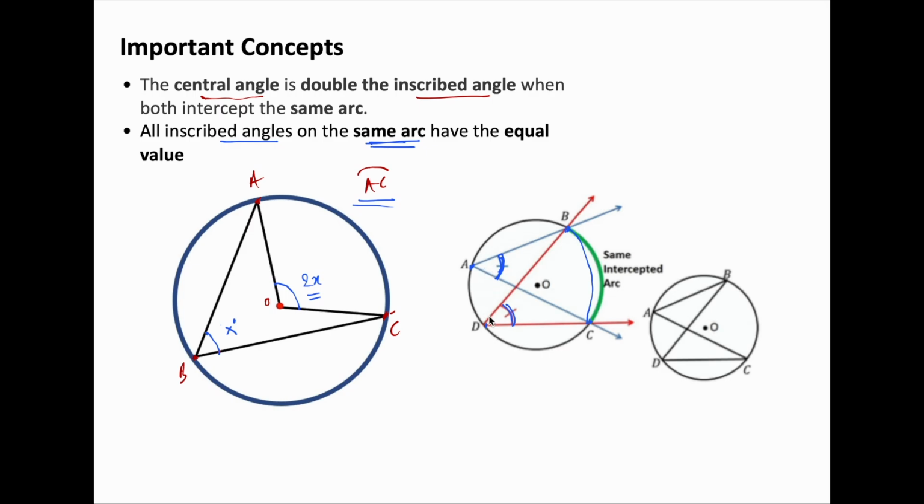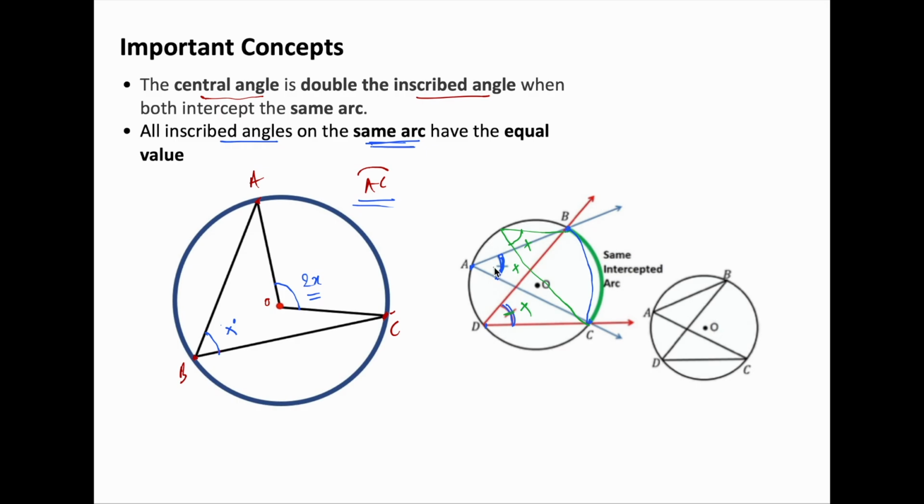These two are the inscribed angles and they share the same arc, hence the value is the same. For example, this angle is also the same. If the value of this angle is x, the value of this angle will also be x, and the value of this angle will also be the same. Hence, if the inscribed angles share the same arc, their value will be the same.